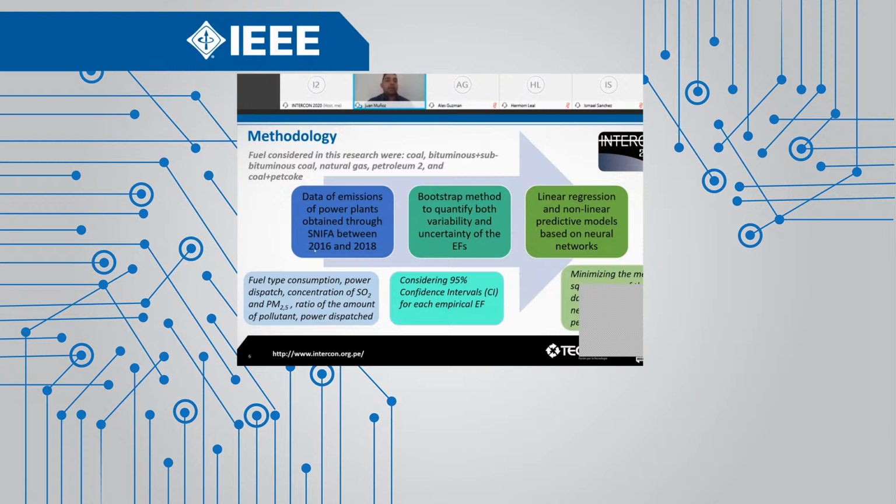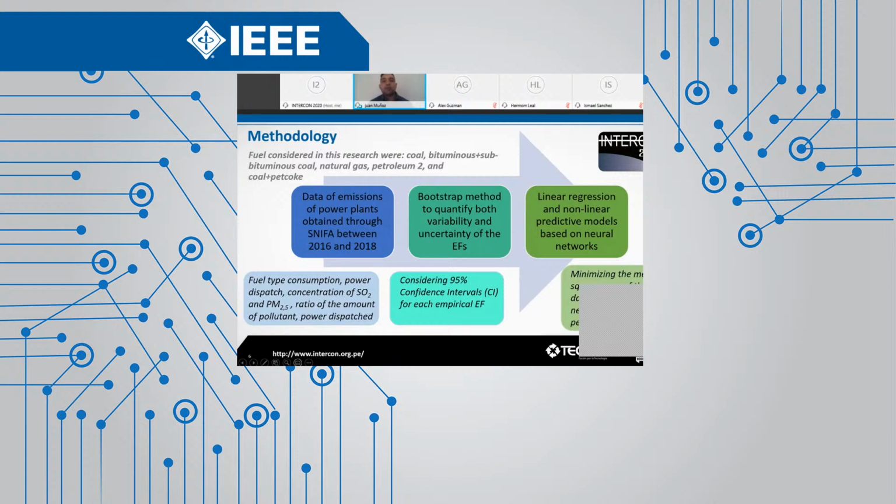This data was organized according to fuel type consumption, power dispatch, concentration of SO2 and PM2.5, and the ratio of the amount of fuel and the power dispatch. So you have a lot of data, and you can only take the data that we were interested in.